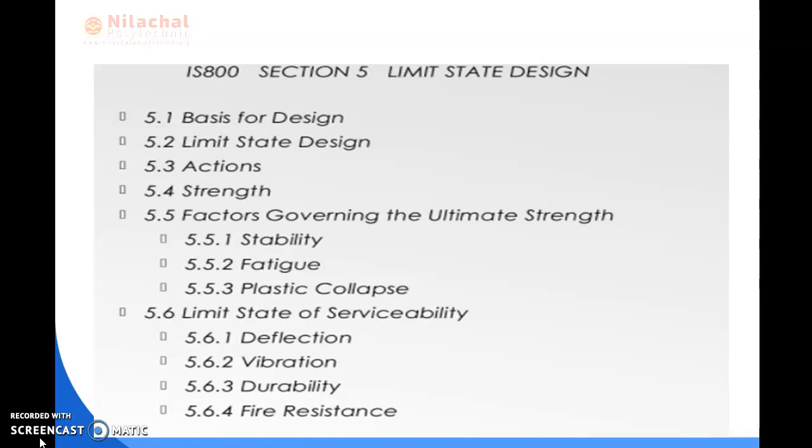Article 5.6 covers the limit state of serviceability, which considers deflection, vibration, durability and fire resistance. We can find the details of limit state design in Section 5 of IS 456:2000, as mentioned here.